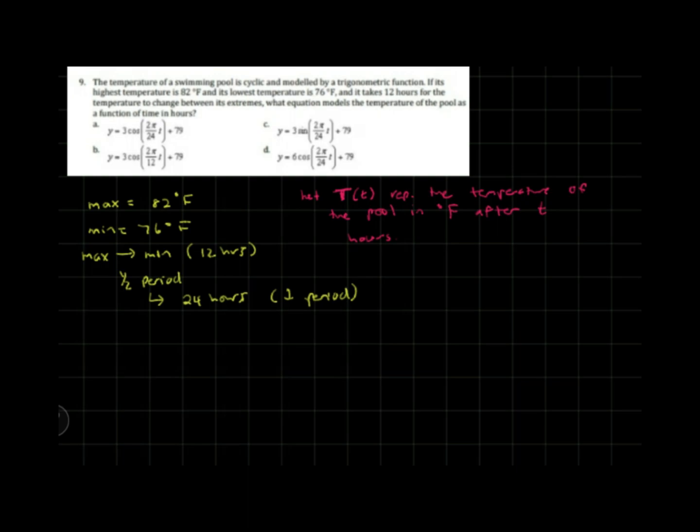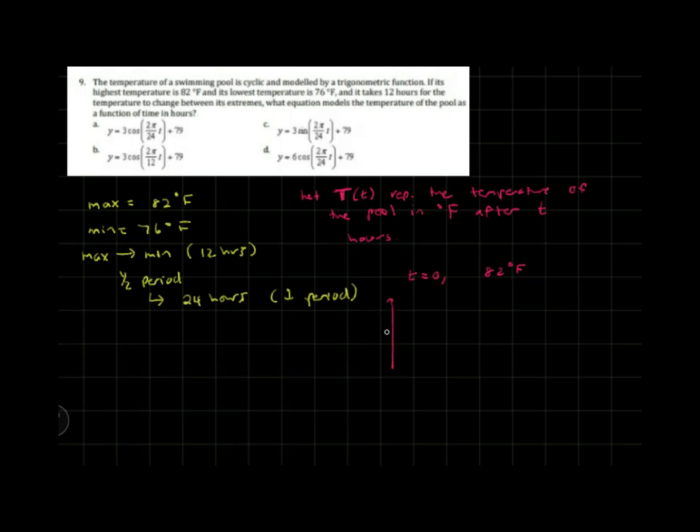Now, it doesn't tell us where it starts, right? If we start at the lowest point or the lowest temperature, then we're going to be using negative cosine. If we start at the highest temperature, we're going to be using positive cosine. Now, there isn't any negative cosine here, so I'm going to use the positive cosine function. So let's say that at time 0, we're at maximum temperature, right? So at time 0, we're at 82 degrees Fahrenheit, so we're starting at the maximum.